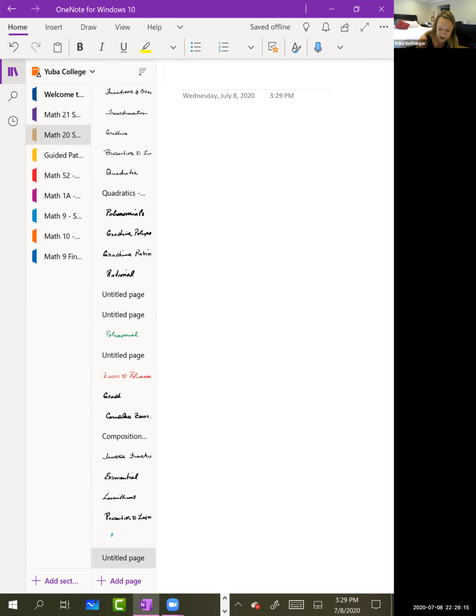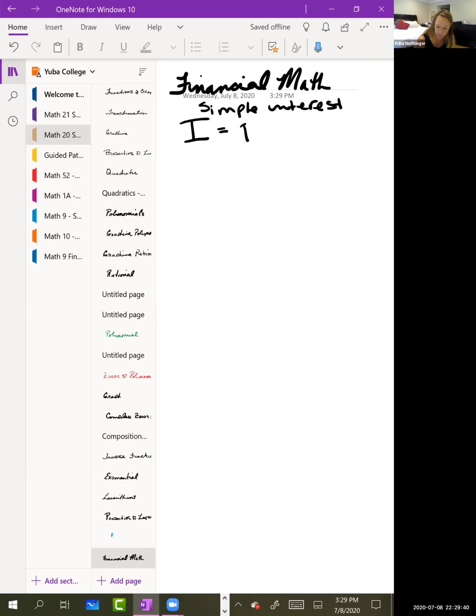Okay, so they look at financial math is one section, is what they call it. Basically, and we've looked at this before, interest problems, simple interest. You should know is equal to PRT. So this is the interest that you're earning, or maybe not earning, paying, depending on if you're borrowing or investing.